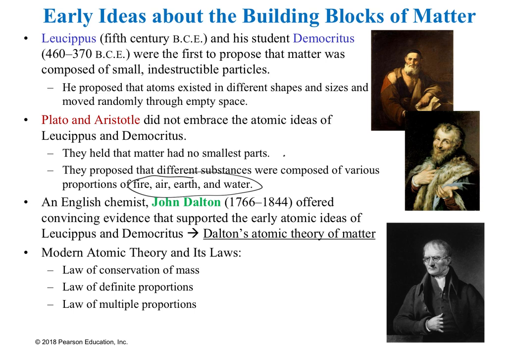And then all the way into the 1700s, John Dalton gave other ideas that went back to Leucippus and started supporting some of those ideas and got a little bit more into the nitty-gritty. So he came up with the atomic theory of matter, which was composed of the law of conservation of mass, definite proportion, and multiple proportions.